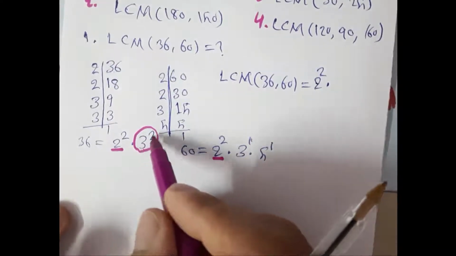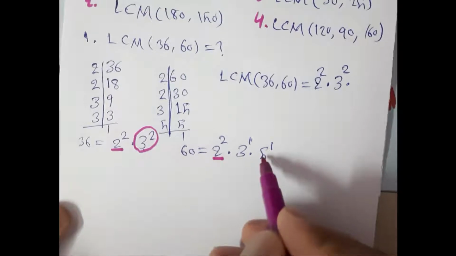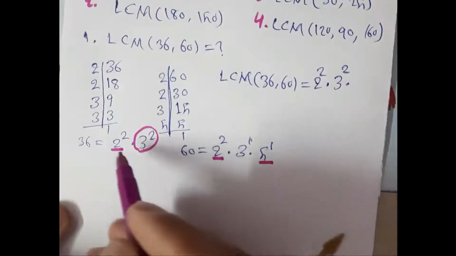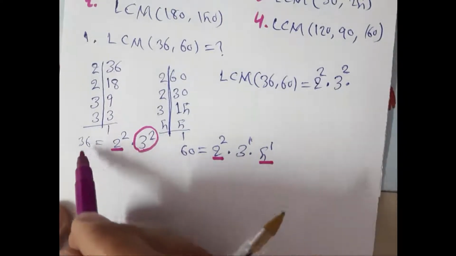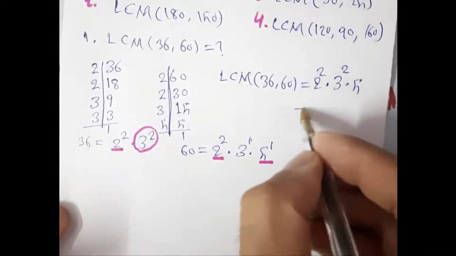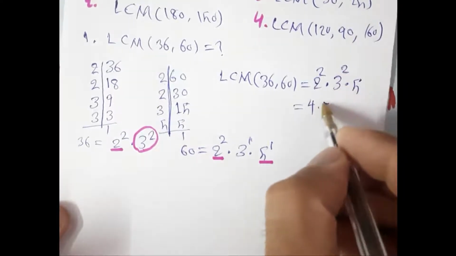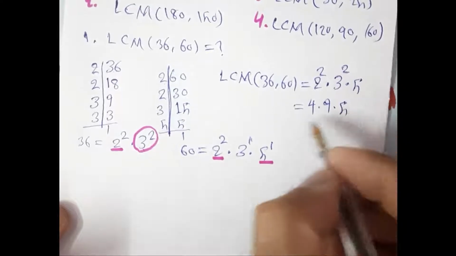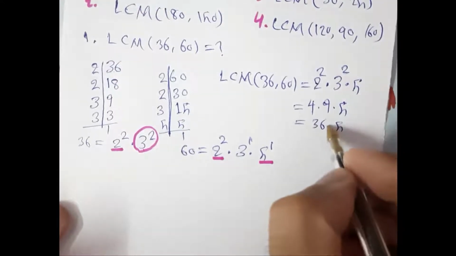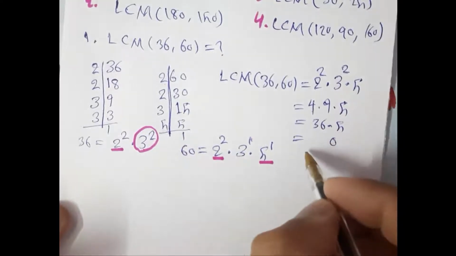Into 5 to the power 1; we don't have 5 in the prime factors of 36, so we take it. It is equal to 4 into 9 into 5, which is 36 times 5.